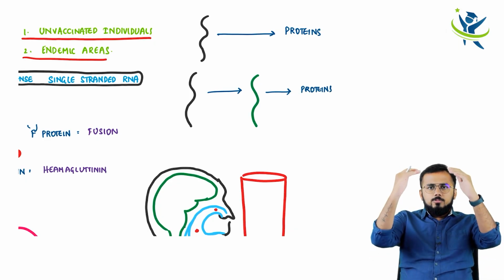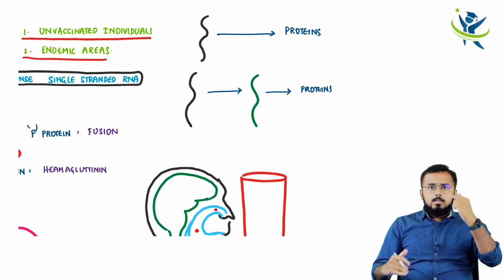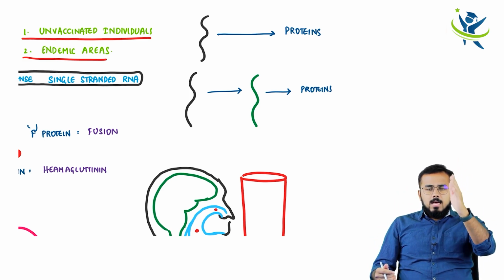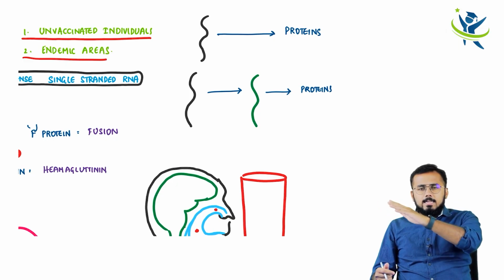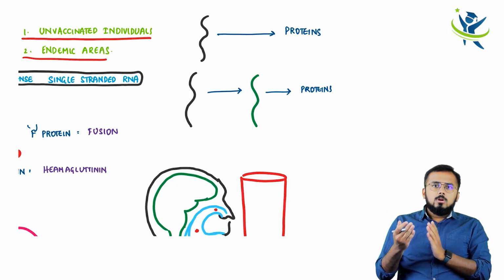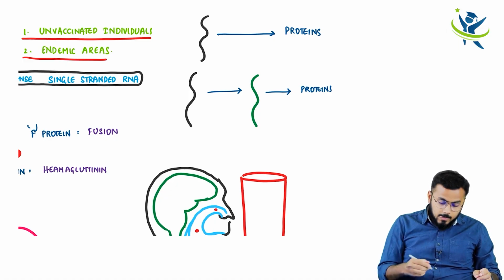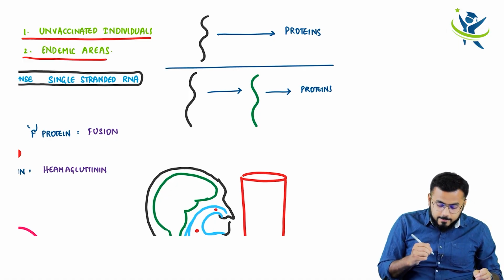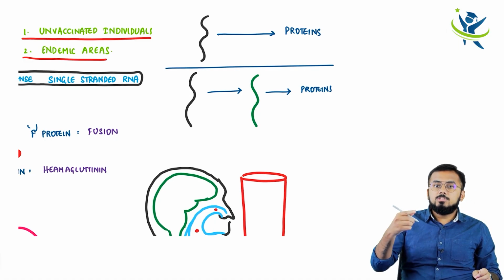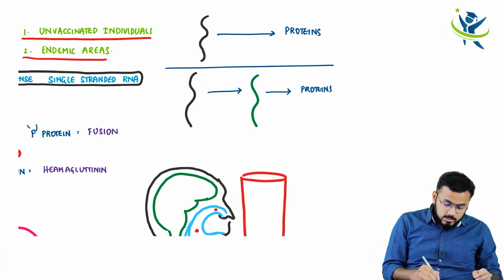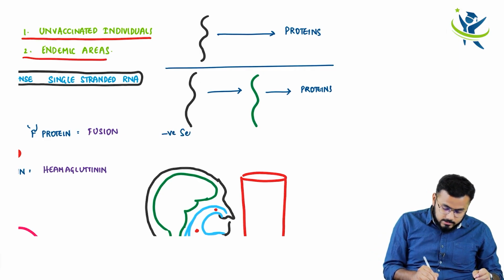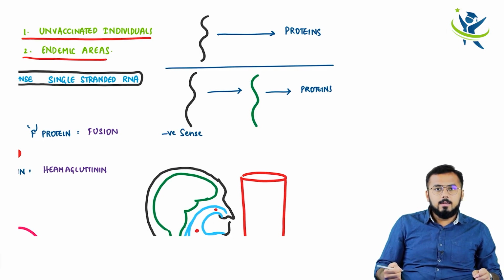Now what is the difference between the top one and the bottom one? The top one is an RNA molecule that is directly translating into proteins. So that is called a positive sense single-stranded RNA molecule. But the bottom one here is a negative sense single-stranded RNA molecule.